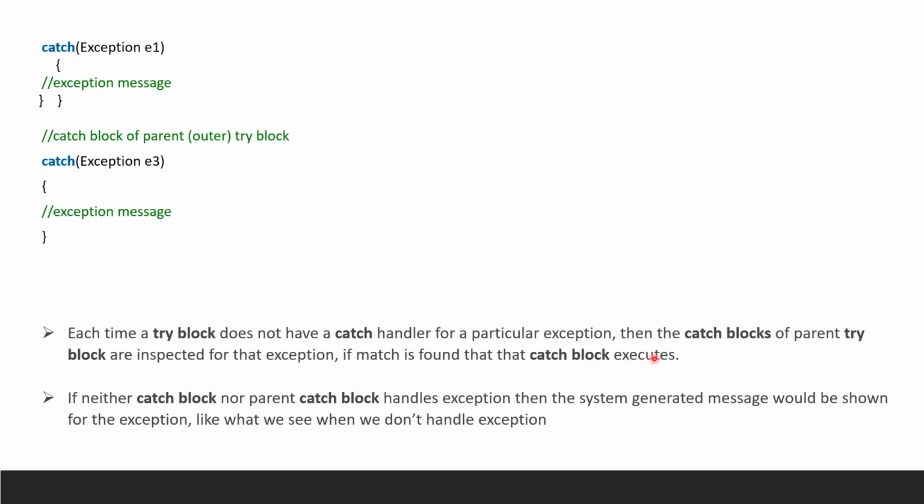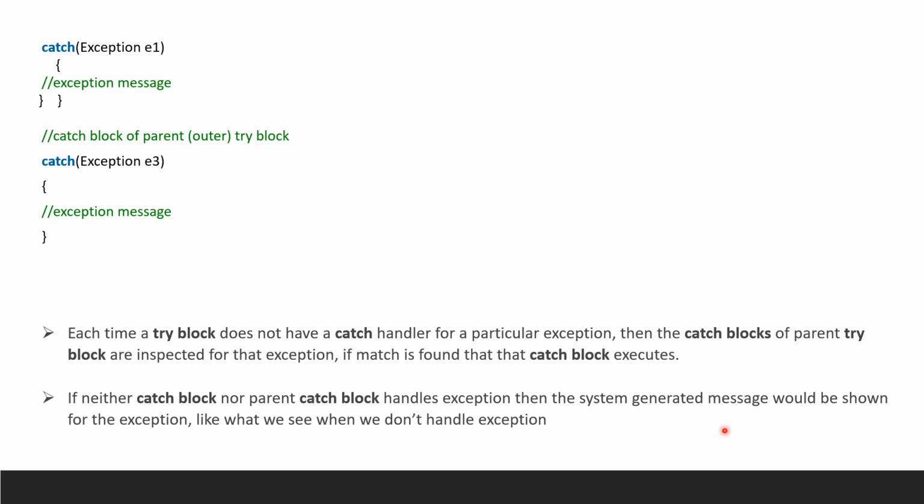If neither the catch block nor the parent catch block matches, then the system-generated message is shown for the exception, like what we see when we don't handle an exception.